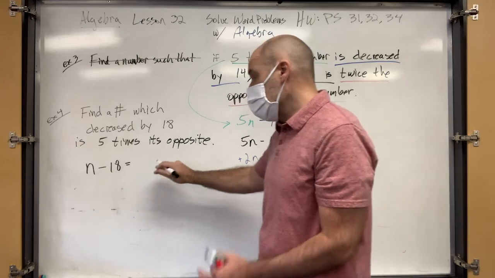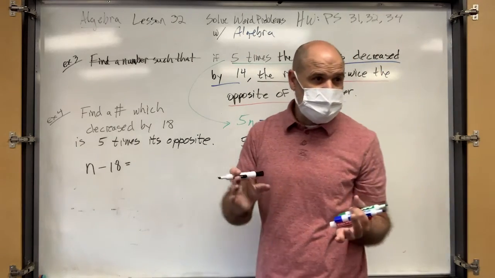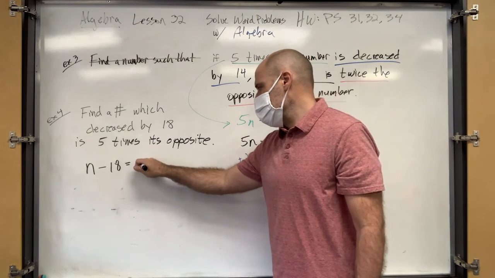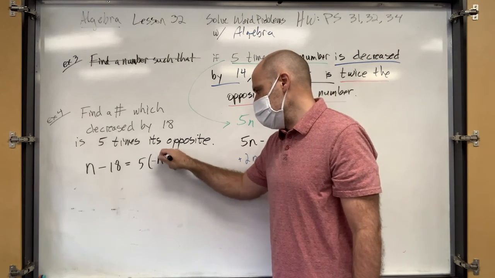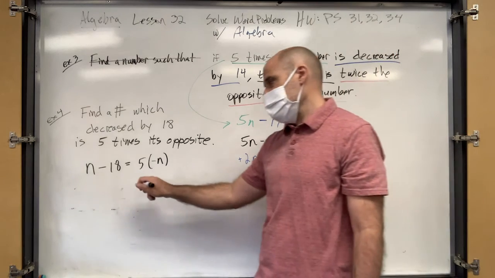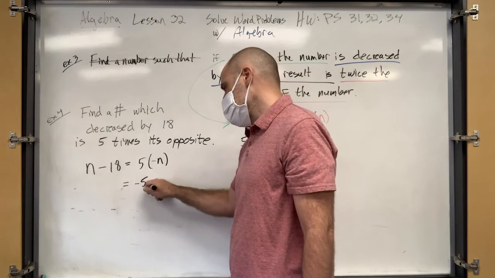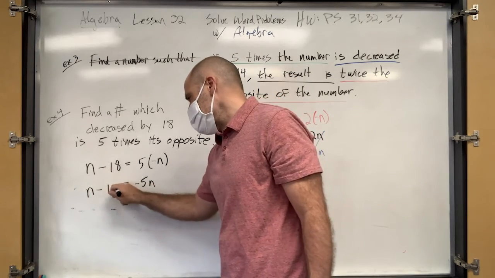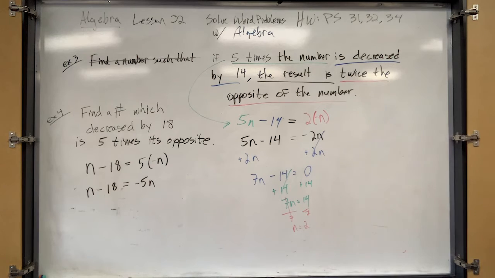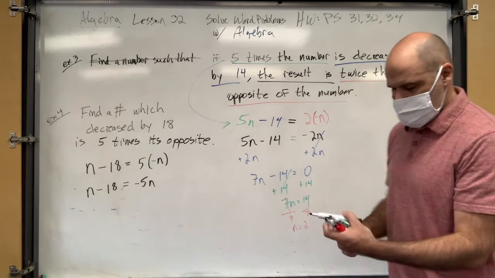Right, so if I did it directly, Lucia kind of in her head brought that negative out in front, and that's fine. If I did it directly, it'd be 5 times its opposite. Well, what's 5 times negative n? Negative 5n, okay? So if you want to do that right away, 5 times its opposite, that's negative 5n. That works.